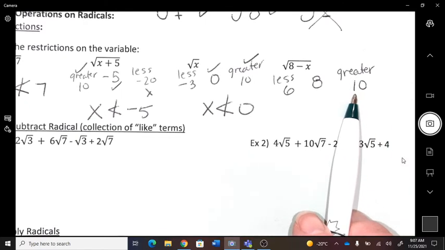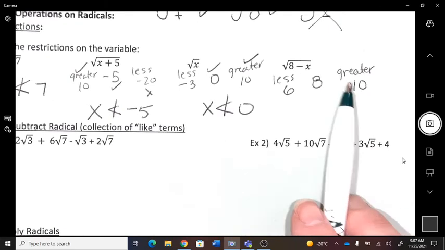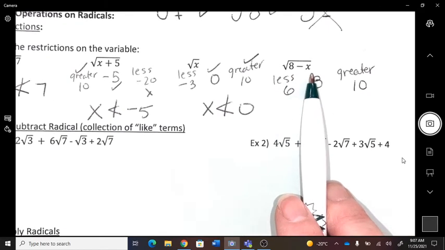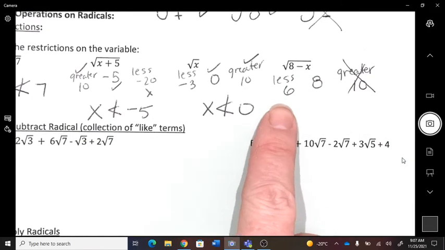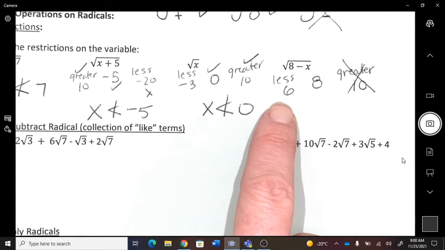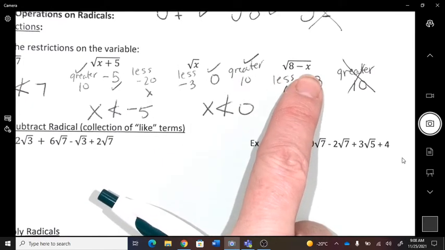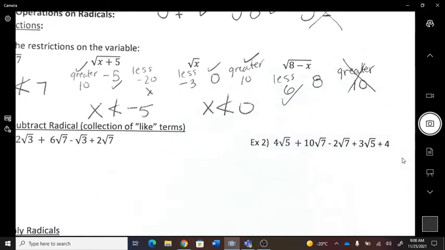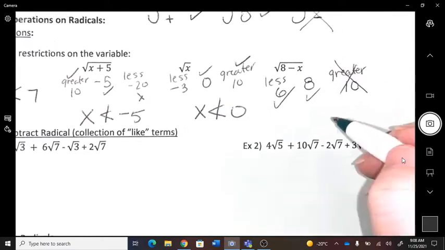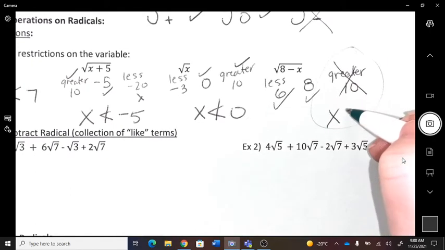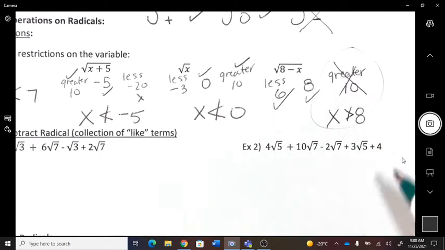Okay, so if it's greater than, for example, 10, 8 subtract 10 is negative 2, and now I can't square root that. So that's not going to work. If you're less than, for example, 6, 8 subtract 6 is 2, I can square root that. So that's going to work. So I do not want what? I don't want x to be greater than 8, because then it's not going to work.